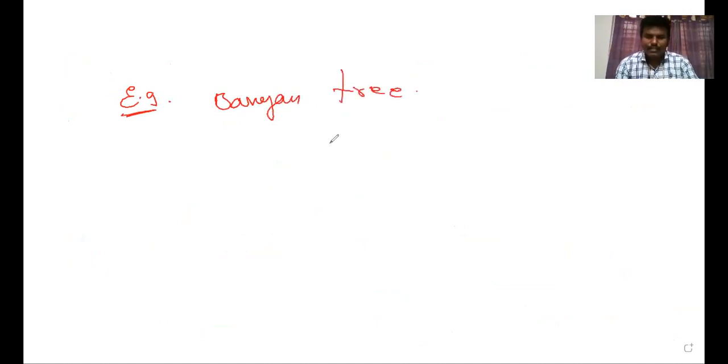Its scientific name is obtained from Bengal, Ficus bengalensis. Ficus is the generic name.